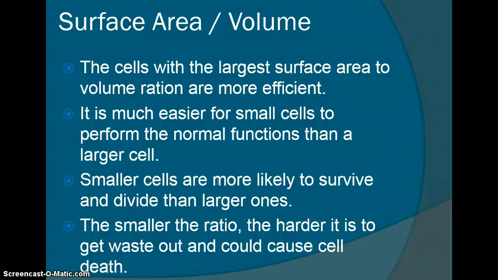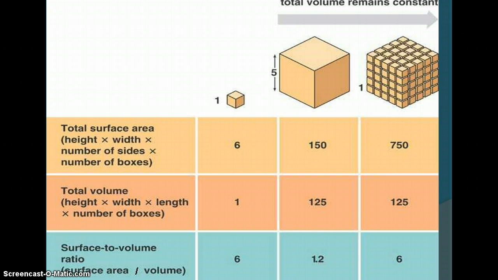When we think about this, it's just a lot better for cells if they're smaller. They're able to use their DNA effectively and transport things in and out of the cells. So you want cells that have a larger ratio, generally more surface area to volume. And as the cell gets bigger, that ratio decreases.